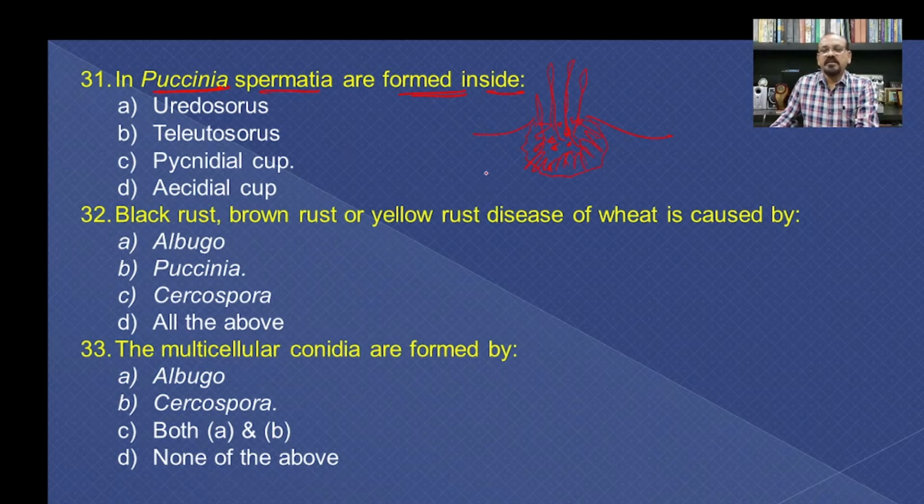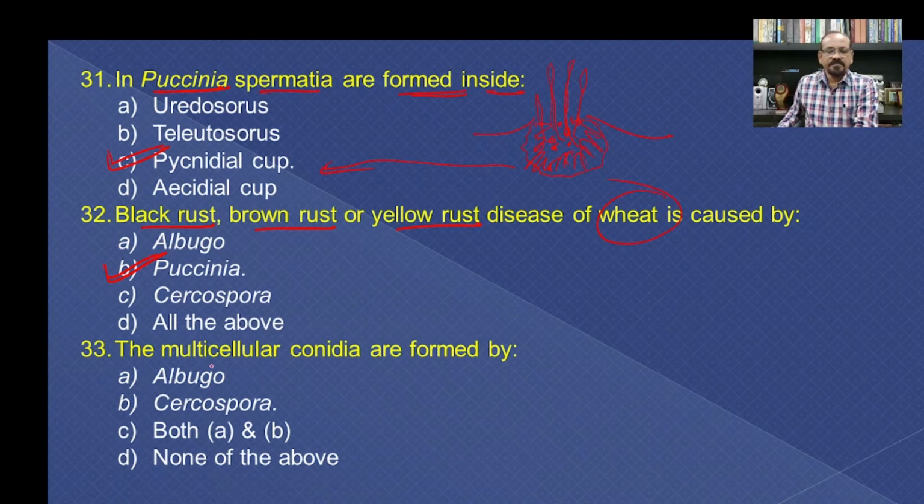It means that the spermatia are formed inside the pycnidial cup, and hence C will be the correct answer for this question. Then black rust, brown rust or yellow rust disease of the wheat plant is caused by Puccinia, and hence B will be the correct answer for this question.